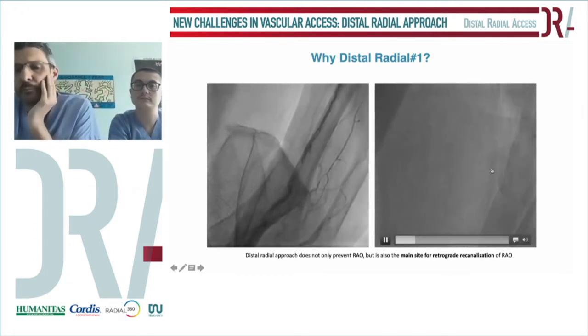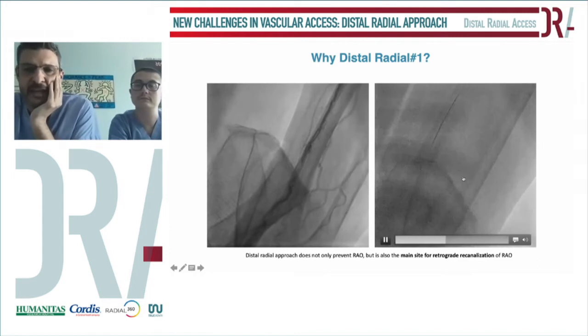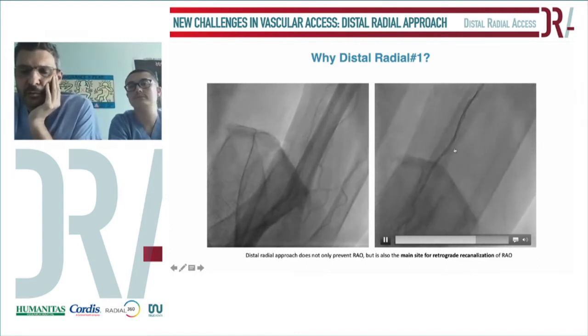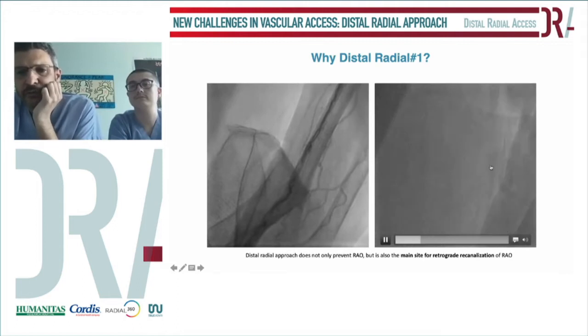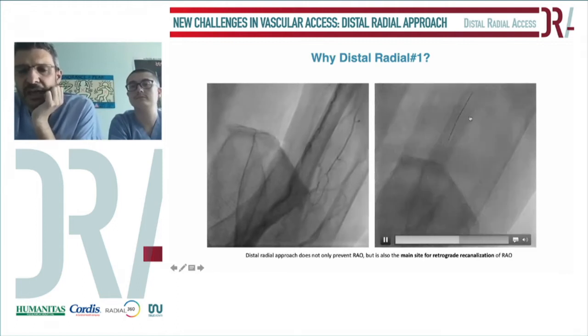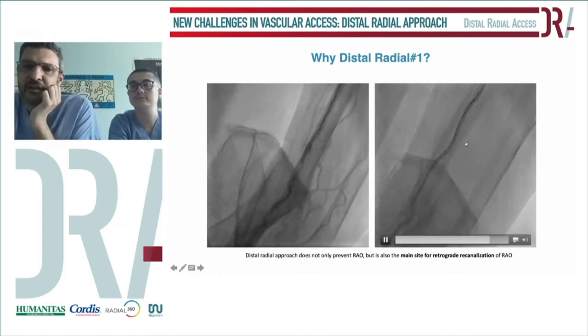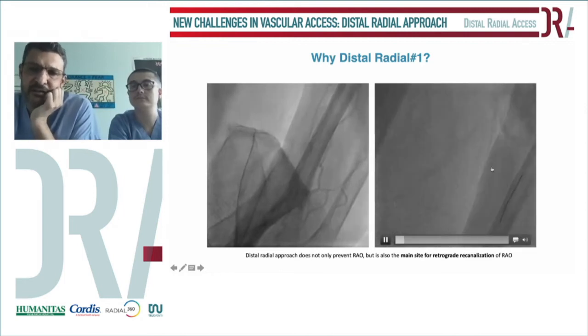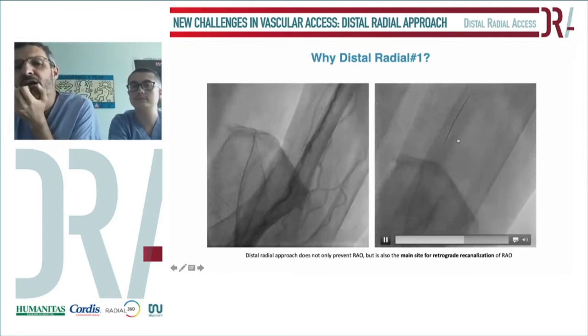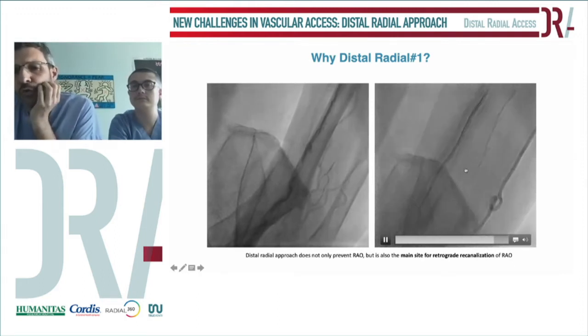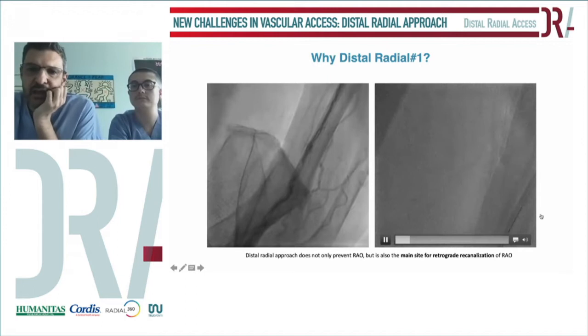So we advanced a polymeric guide wire directly through the needle, and this was a Sion Black that was pushed in a star fashion, and it was able to re-enter the true lumen distally to the elbow.